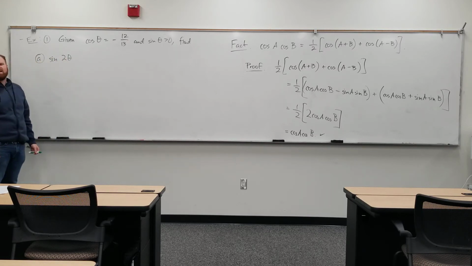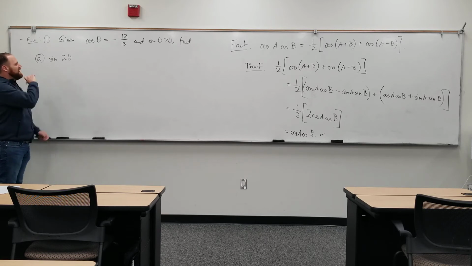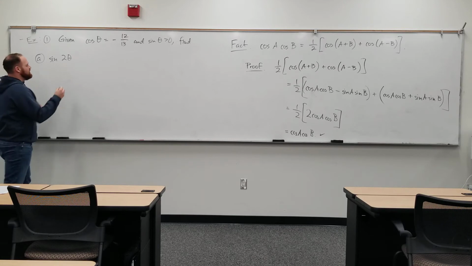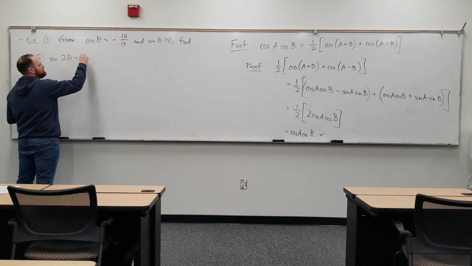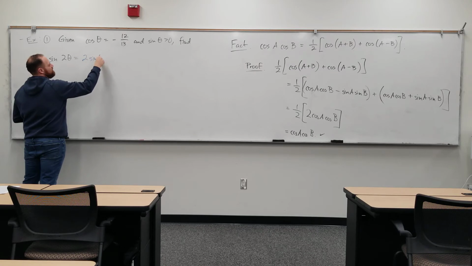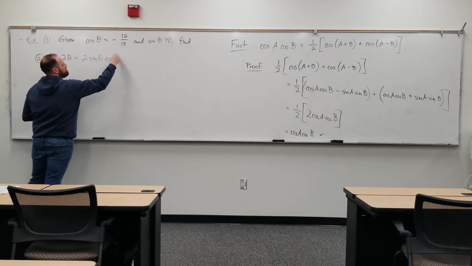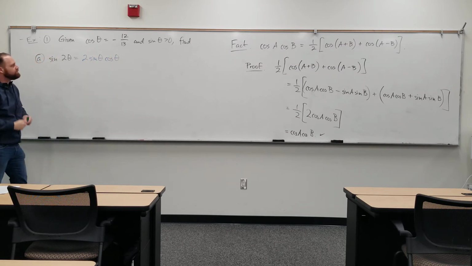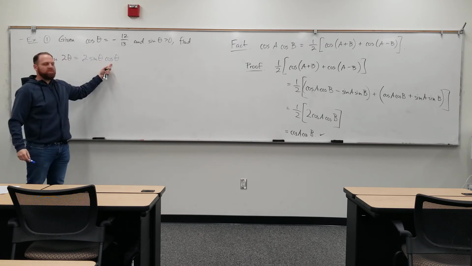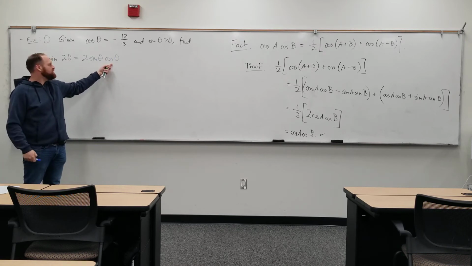Okay, so sine 2 theta. If you look at your double angle identity for sine 2 theta, then you see that sine 2 theta is equal to 2 sine theta cosine theta. Cosine theta we already know, right? So this is negative 12/13.